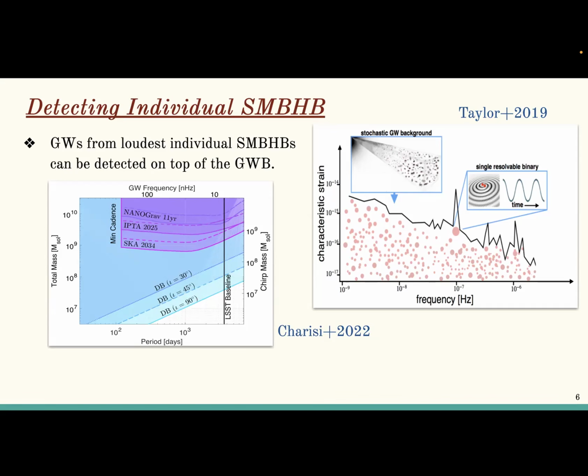If you look at the bottom line, this is what we will be able to detect by 2034 using SKA. So you can see there is substantial overlap of supermassive black hole binaries that should be detectable by both LSST and pulsar timing arrays.